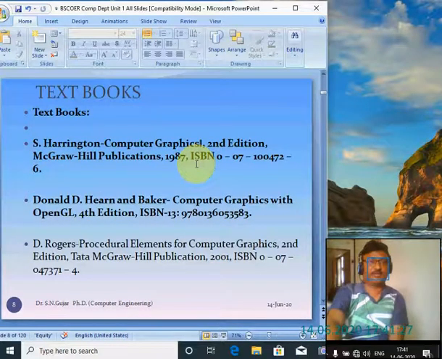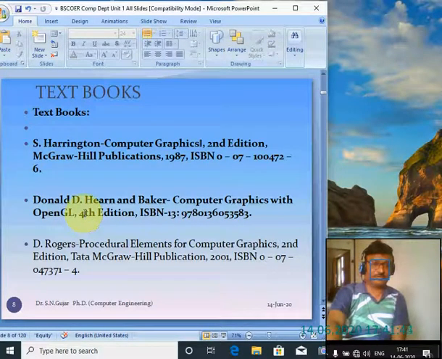Now come to what books you are going to use. The first book you have to use is by Hearn and Baker. This is the textbook: Computer Graphics, second edition, McGraw-Hill publication, 1987. The second book is by Donald D. Hearn and Baker.